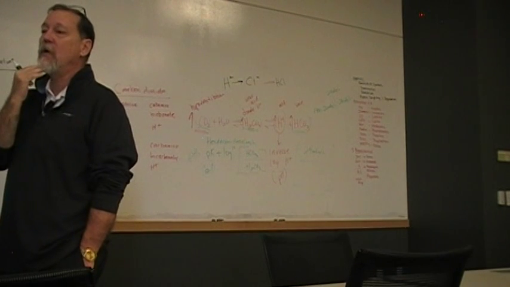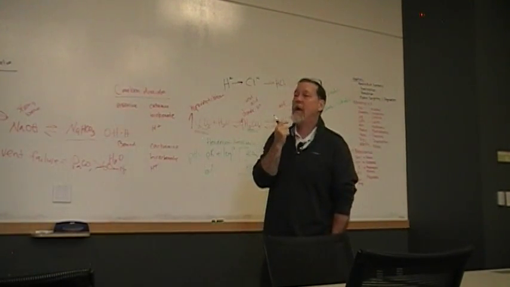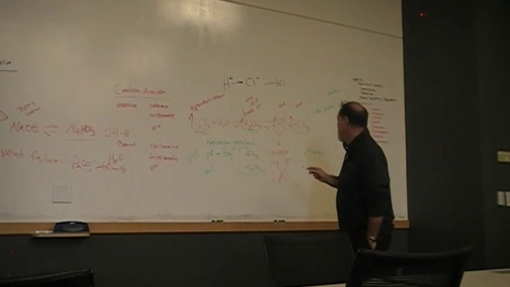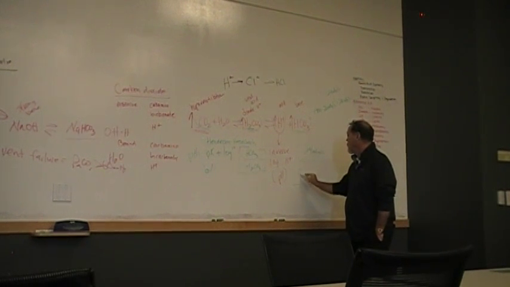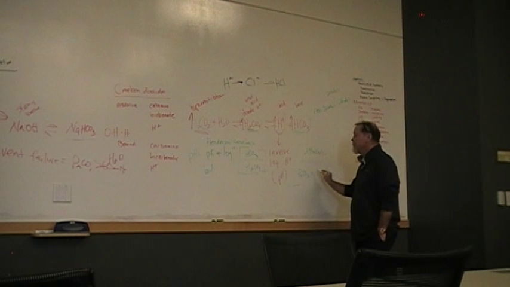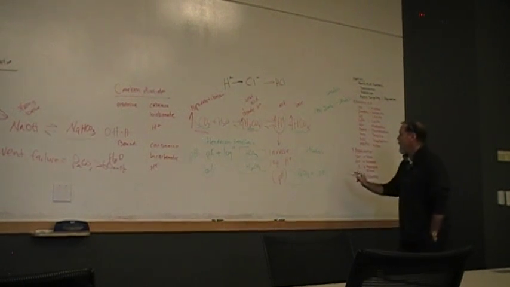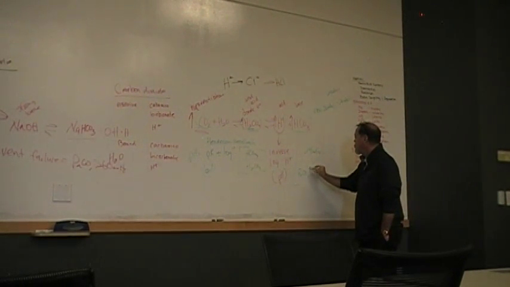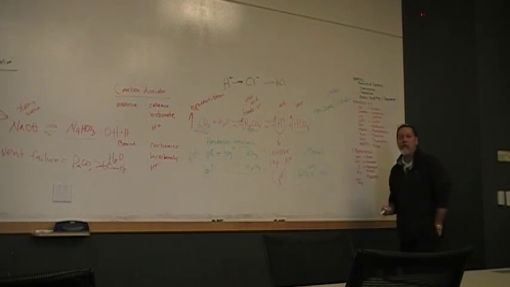What does it say CO2 is equal to, or the carbonic acid is equal to? All levels in plasma? Yeah. PaCO2 times what? 0.03. 0.0301. So carbonic acid, H2CO3, equals the CO2 times 0.0301.